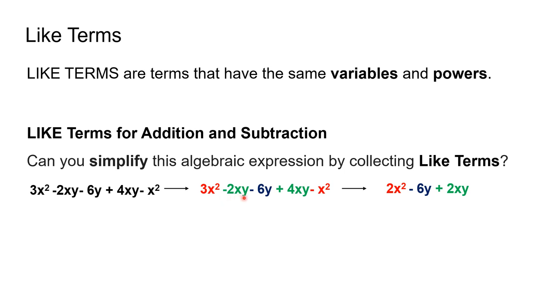Minus 2xy plus 4xy is 2xy. And then finally, minus 6y will just be left as it is, because there is no like term you can join with that.